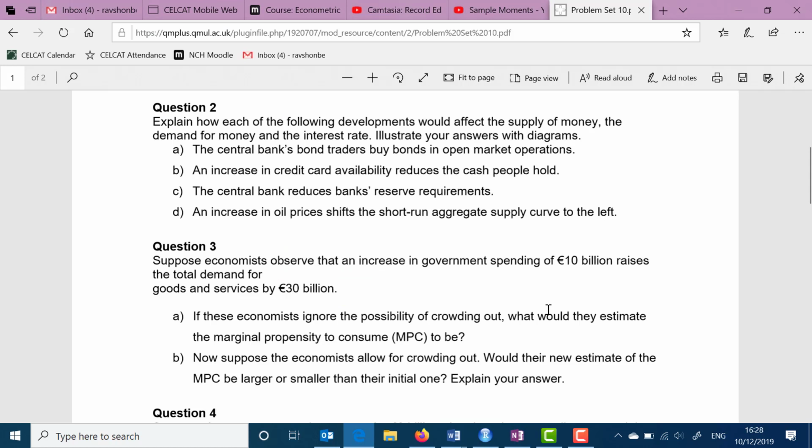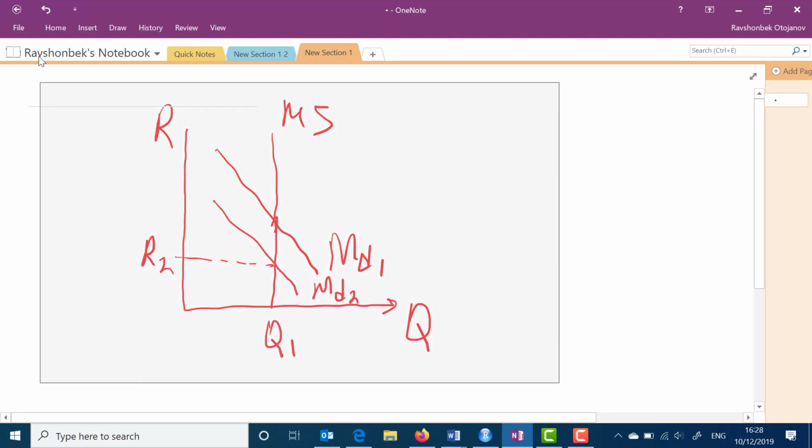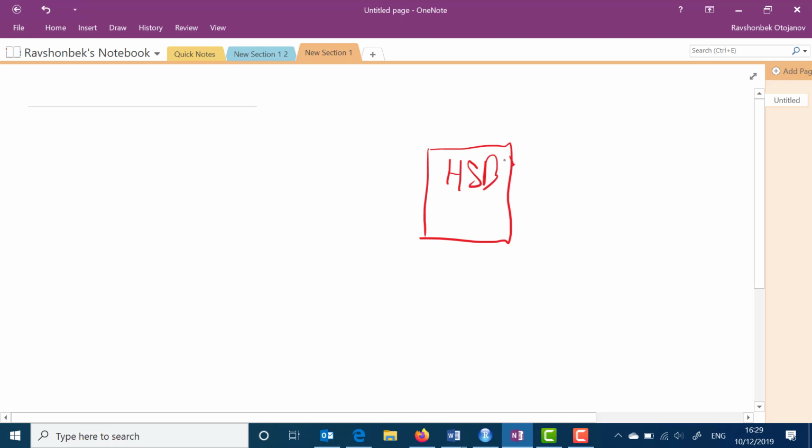Right, next, central bank reduces banks' reserve requirements. Can anyone explain what reserve requirements are? Or the concept of reserve requirement? Does it mean that the bank can use more money for their loans? Exactly. To explain it in more detail, think of it this way. This is your bank, HSBC.